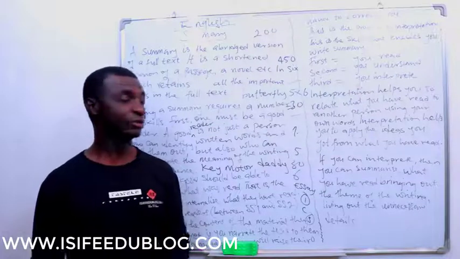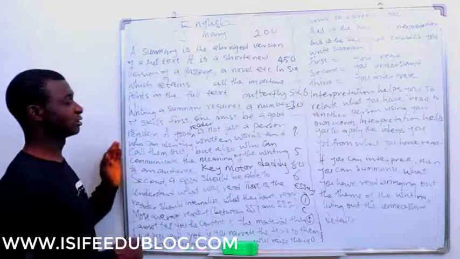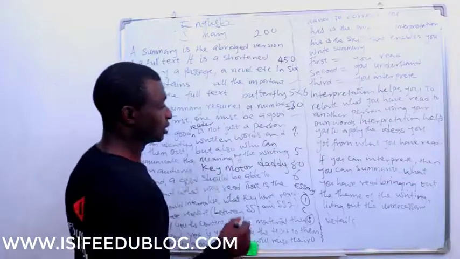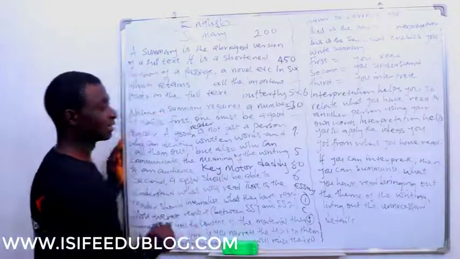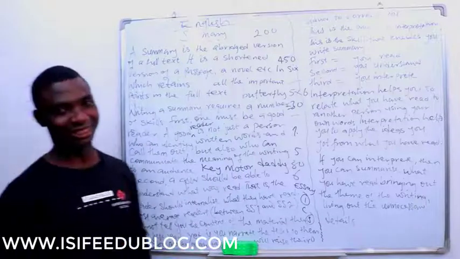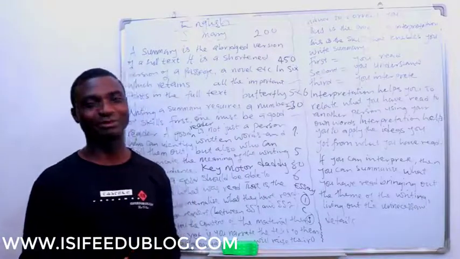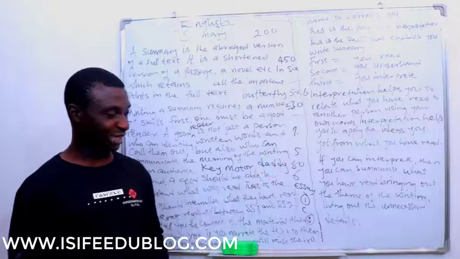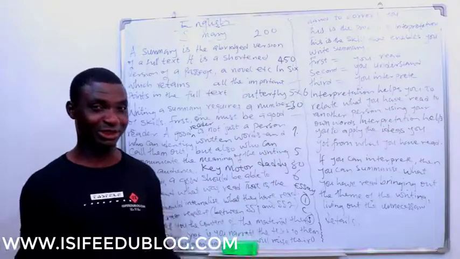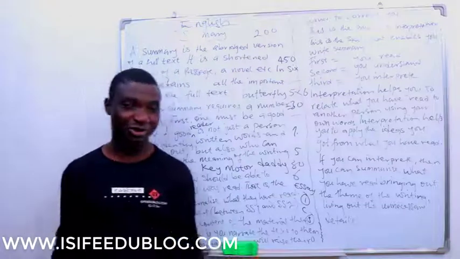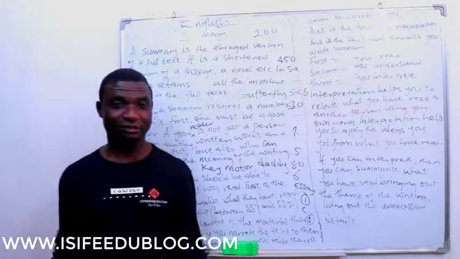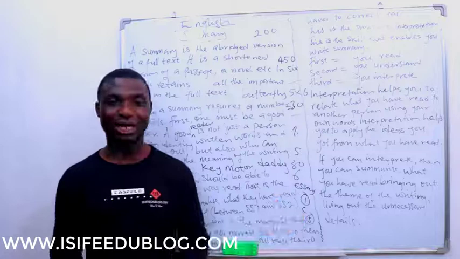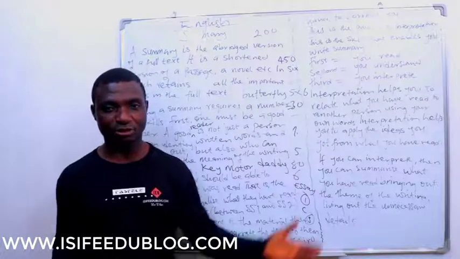Before I leave you, make sure that your summary is not bigger than the passage you're summarizing. I've seen that quite a couple of times in WAEC and NECO halls. You look at the summary somebody has written, and you are sure that this person has lost the entire marks.